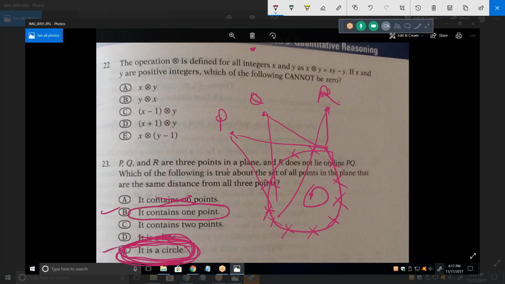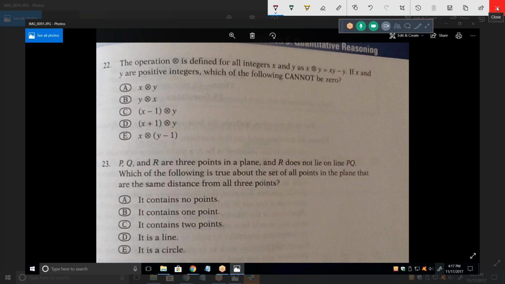But the definition of the circle is the outside, not any point inside. That is a circle right there. And that circle is not equidistant from all 3 points. What is, is the center of that circle only. That makes sense. All right.